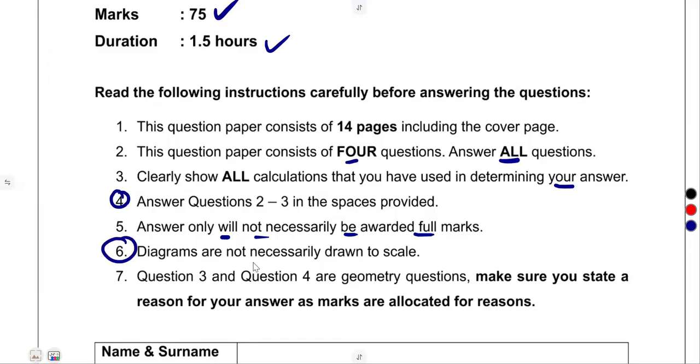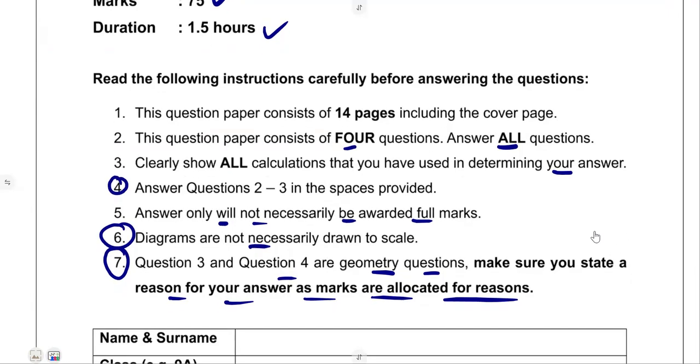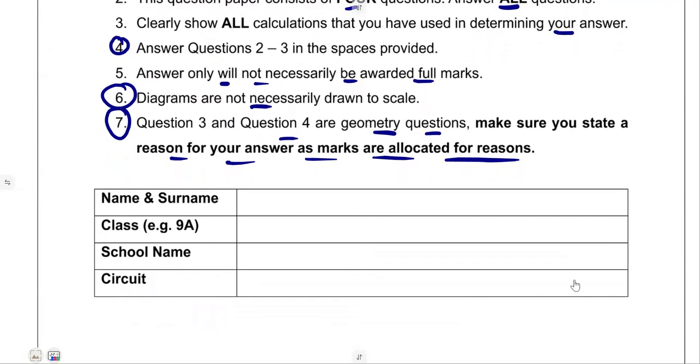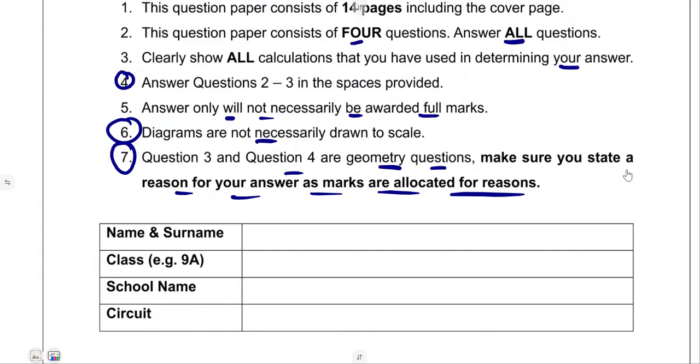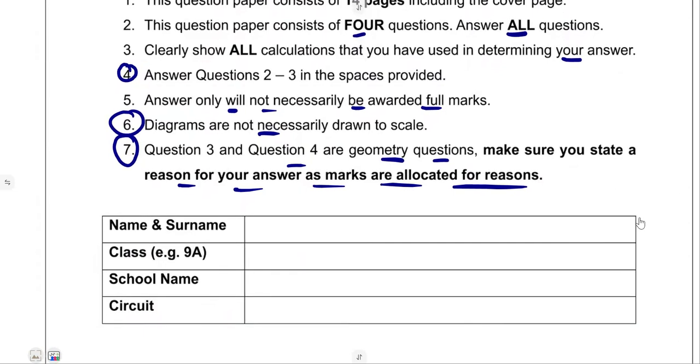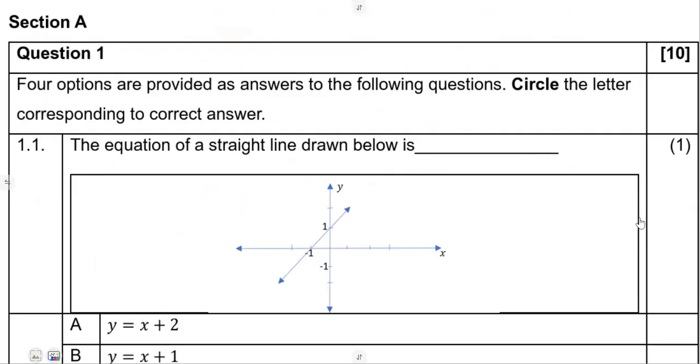Then, diagrams are not necessarily drawn to scale. Question 3 and question 4 are geometry questions. Make sure you state a reason for your answer, as marks are allocated for reasons. All right, where you are dealing with geometry, make sure that you write or give the reason for the answer that you are going to give.